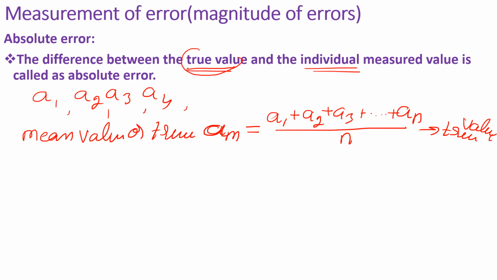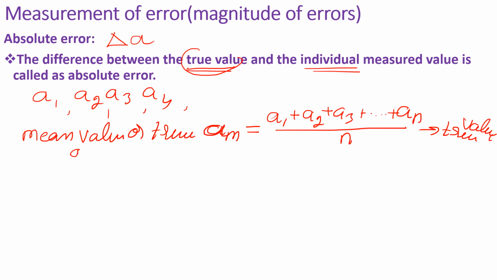Absolute error is represented by using a delta sign, delta A. There are n number of values, so that many absolute errors will be there. What is the absolute error?